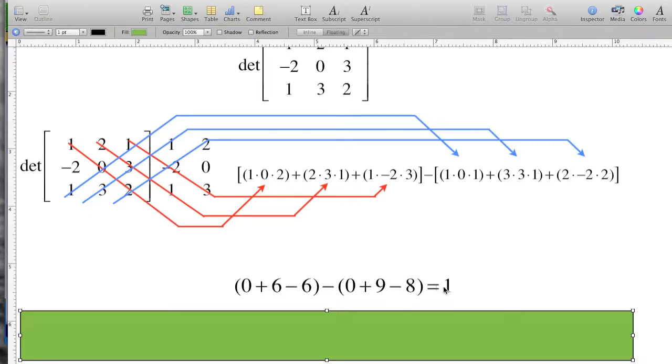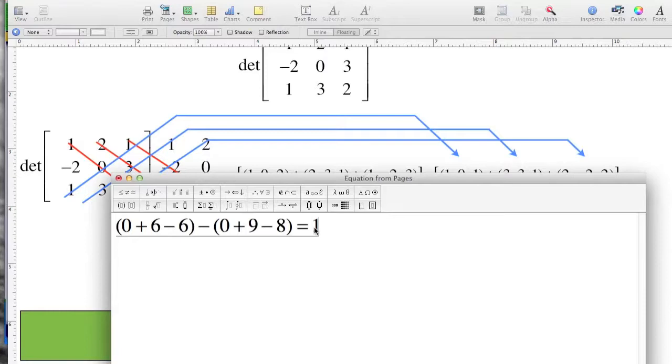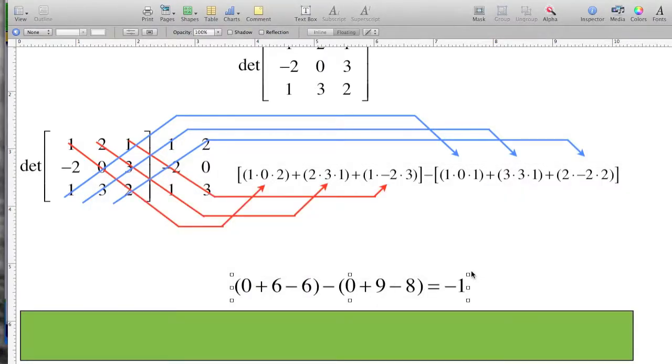And this is a mistake, so let's fix it. It would be 0 plus 6 minus 6, so that's going to end up being 0 minus 9 minus 8. So it would be minus negative 1, or minus positive 1, so that should be a negative. Let's go ahead and fix that. And so I'll put that up. And so this is the result of our determinant. So we have a result of negative 1.